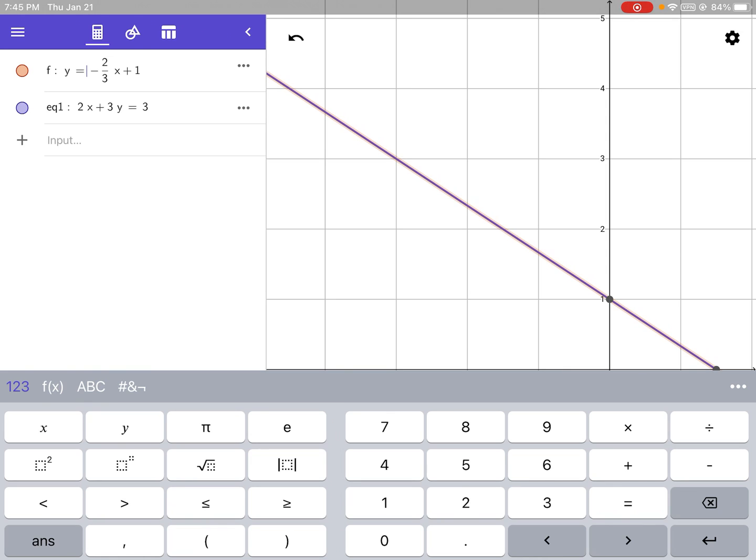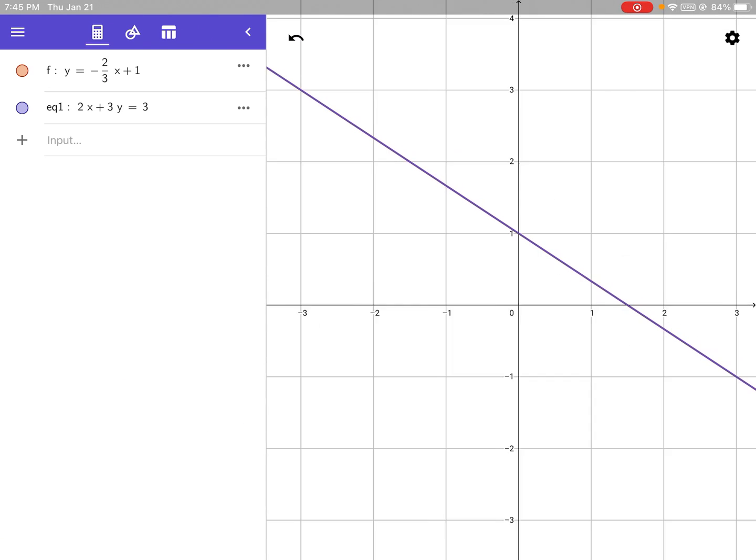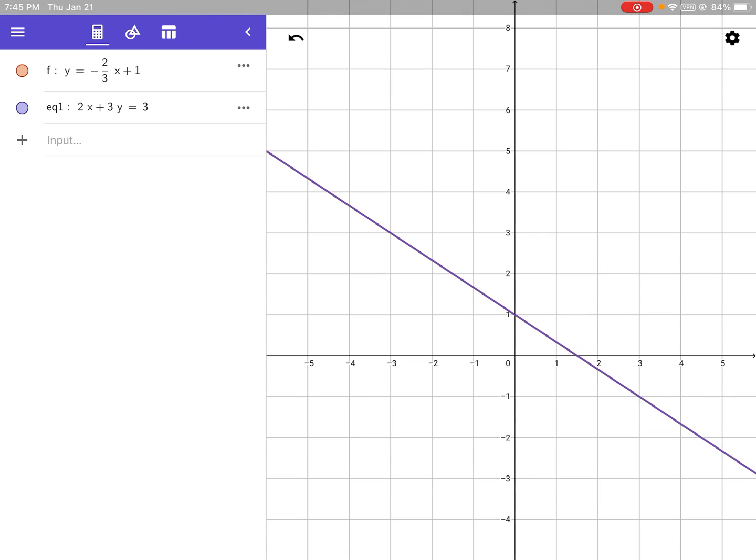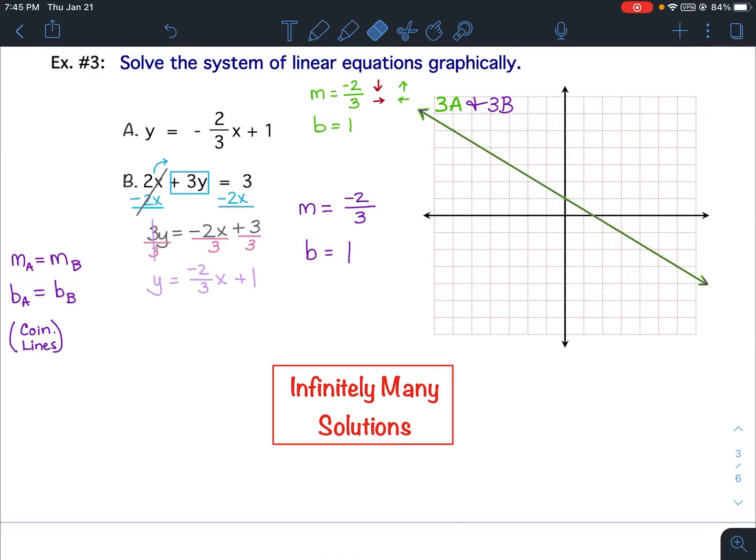It's kind of hard to tell, but the glow behind the line changes as I press each equation. Anyway, you can see that the graph gives you the same line. Therefore, they are coincident lines. If you have any questions on example number 3, please do not hesitate to ask.